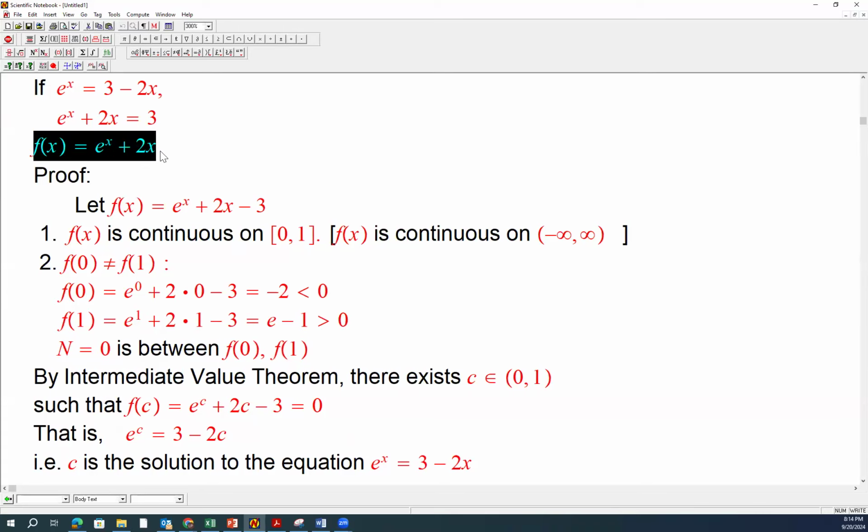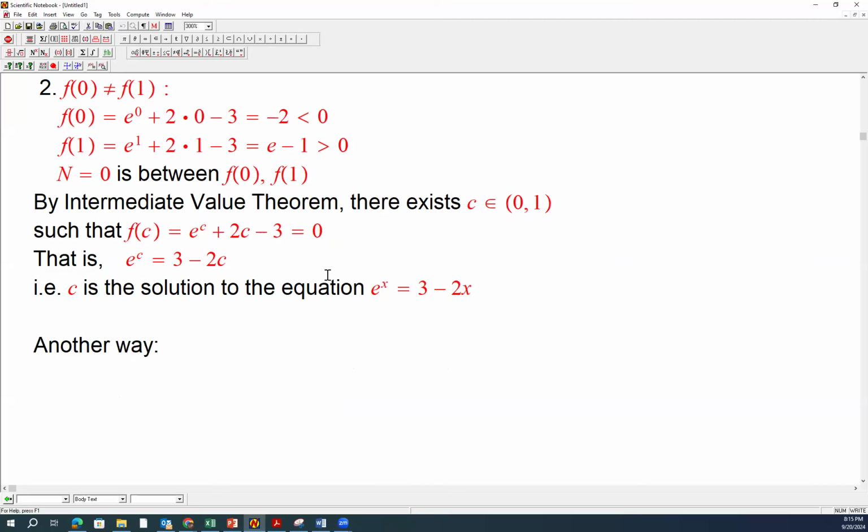So in our proof, we're going to set another function. We let this function be f. We're going to apply the intermediate value theorem to this function. So we let f of x equal e to the power x plus 2x, right?